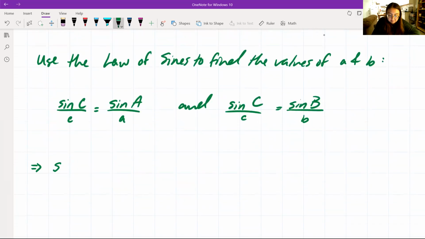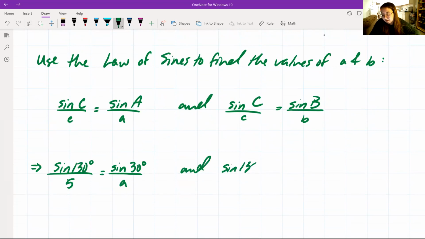Plugging our values in, we get sine of 130 degrees divided by 5 is equal to sine of A, which was 30 degrees, divided by lowercase a. Then once again, we have sine of 130 degrees divided by 5 is equal to sine of 20 degrees divided by lowercase b.